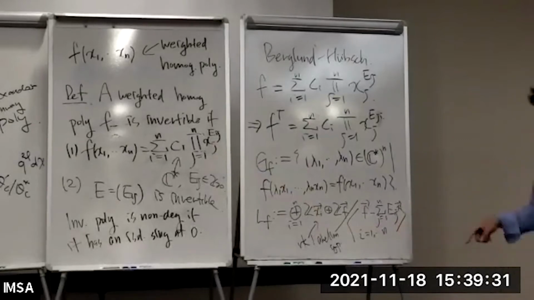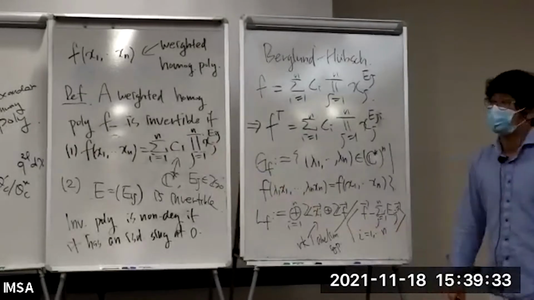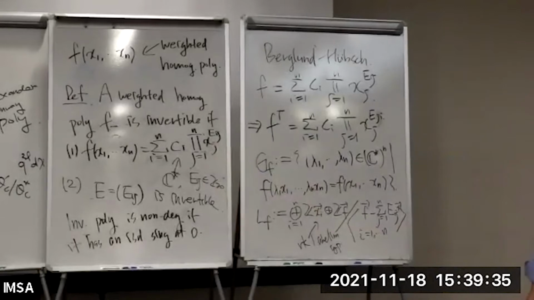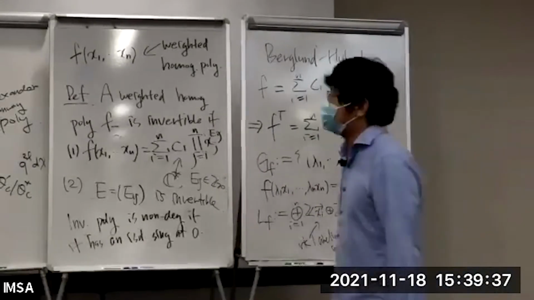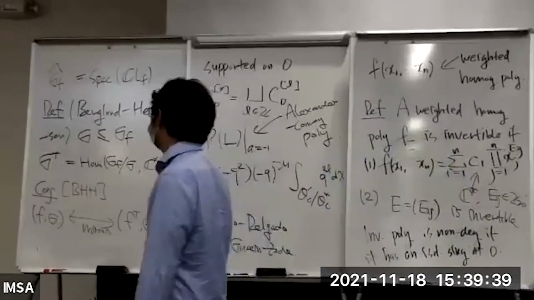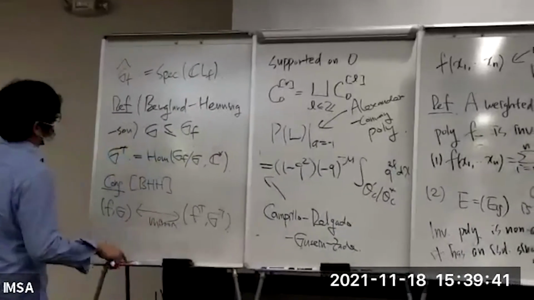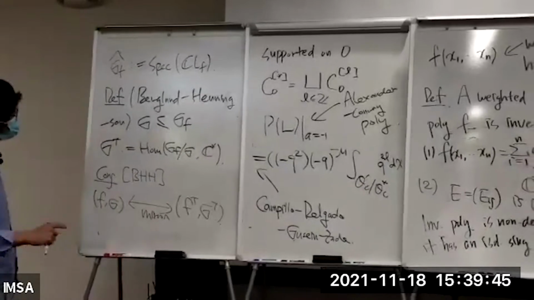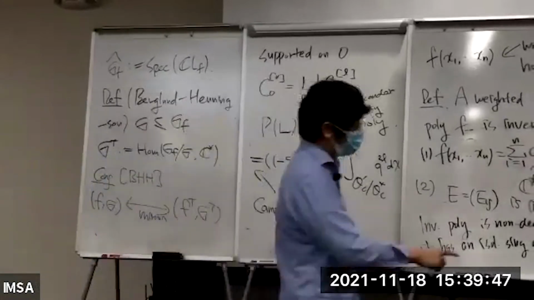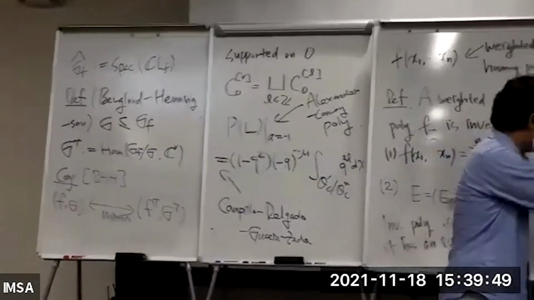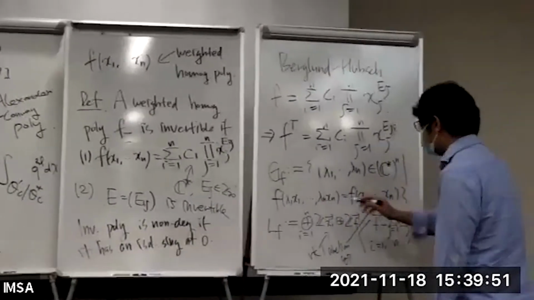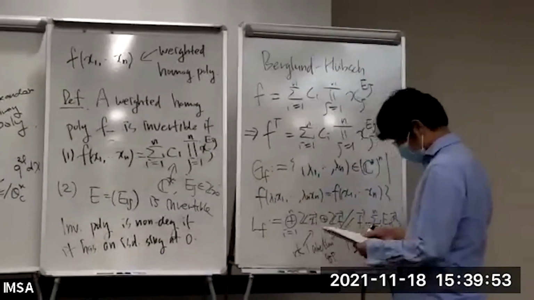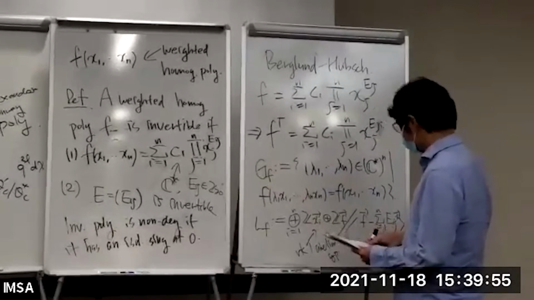Does this G hat appear anywhere in this mirror symmetry statement? G hat is, sorry, I should also mention, G hat is preserving this F basically.